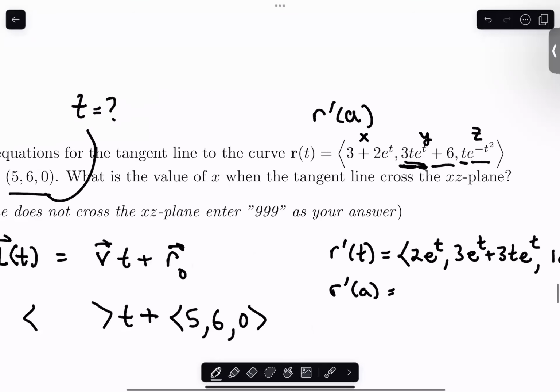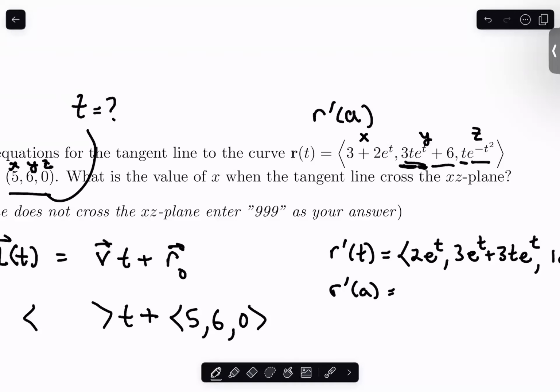And after all, this is an x, y, z triple. And I need to figure out what should t be in order to achieve 5 for x, 6 for y, and 0 for z. And this is typically a little bit of guess and check, right? But we don't usually make it completely crazy or super difficult, because our class is not supposed to be a very difficult algebra class. The point of our class is the calculus, right?